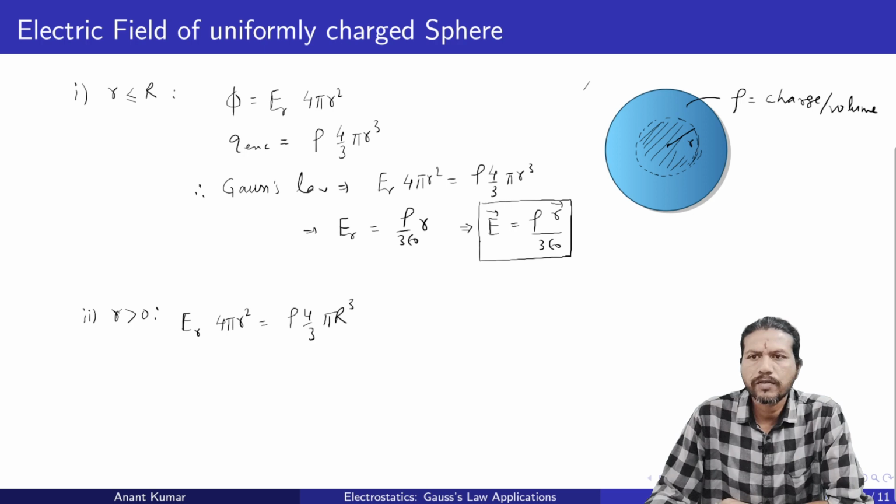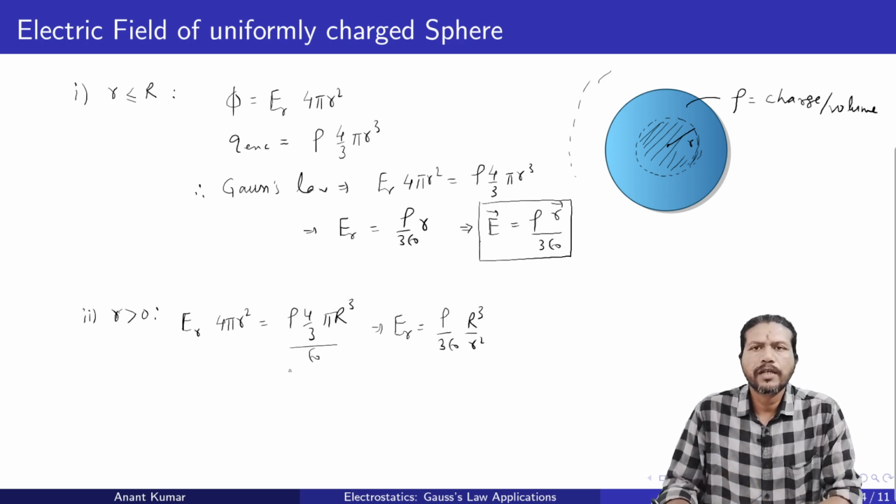Though the Gaussian surface extends all the way outside, the charge is only present on the sphere, so we take only this portion, and that gives the electric field as rho by 3 epsilon naught into R cube upon r square. So it just falls as 1 by r square as it does for a point charge.